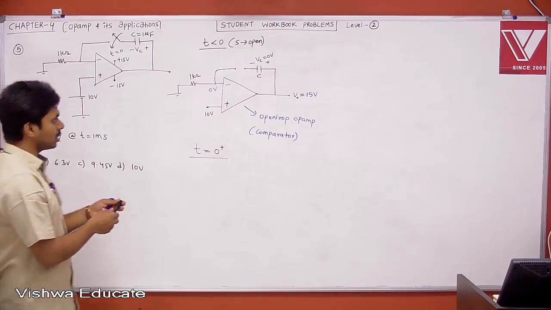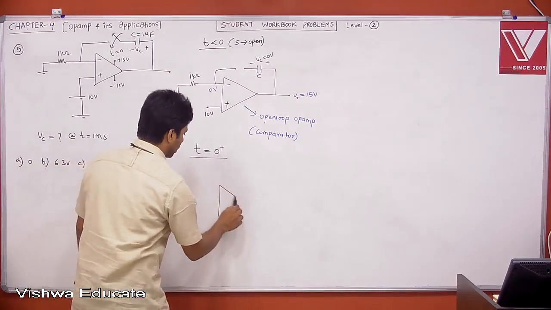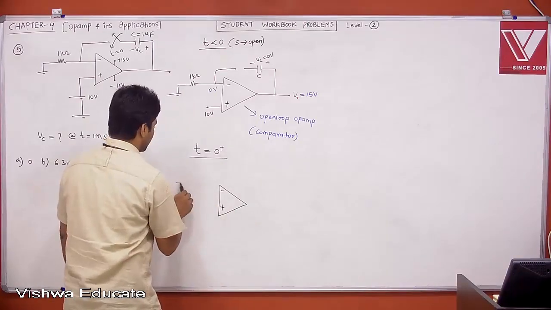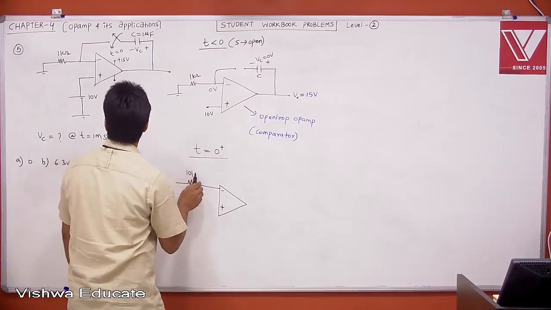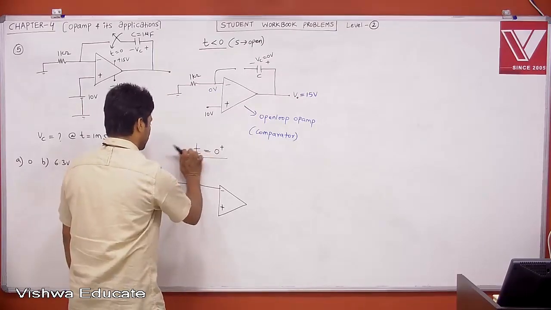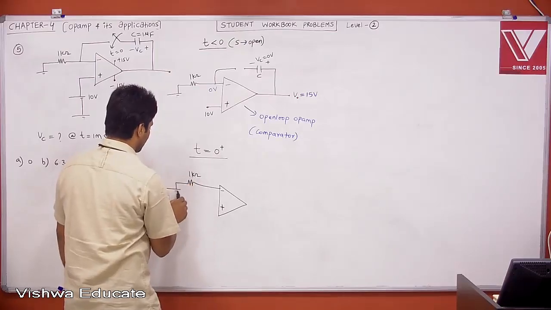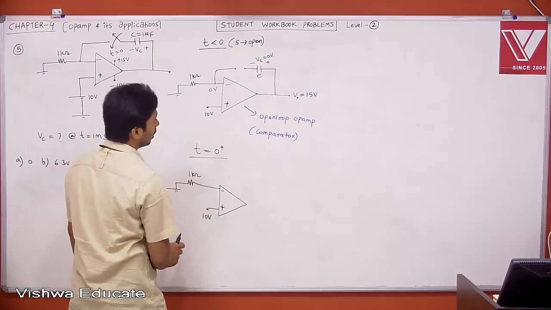When the switch is closed, at time t is equal to 0 plus, now tell me. This is important: minus, plus, and this is your resistor. This is 10K, sorry, 1K. If you go ahead with 10K, you'll get the wrong answer. Okay, 1K, and now this is your 10 volt, right?